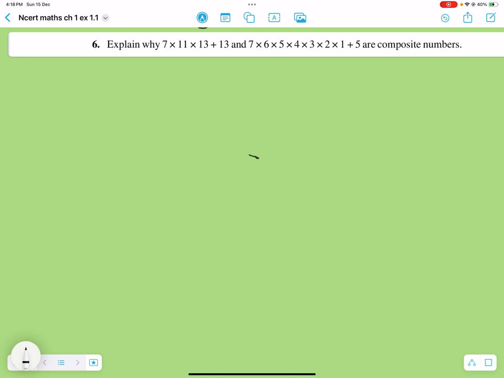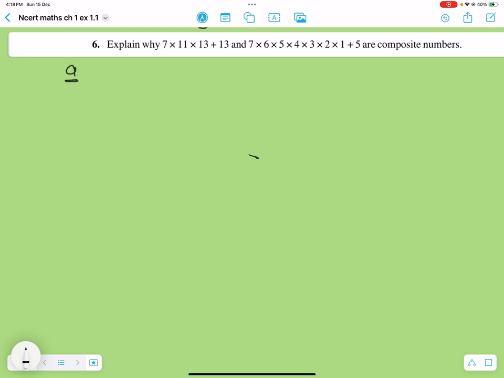So if you remember, in the last classes we discussed that composite numbers can be written as a product of prime numbers in one unique way. And for a number to be composite, it should have a factor that is different from 1 and the number itself. So we just need to prove the number that comes after this calculation has such a factor.